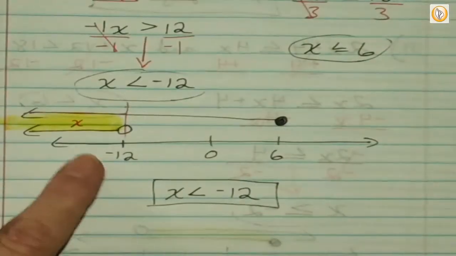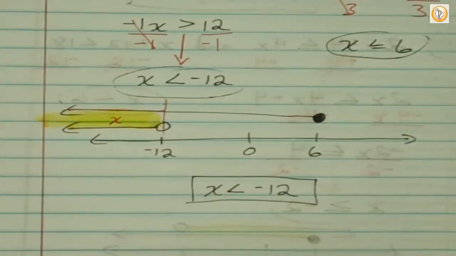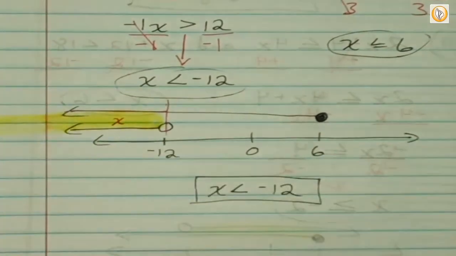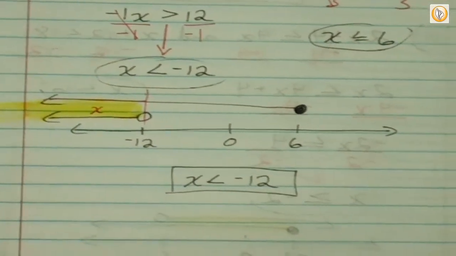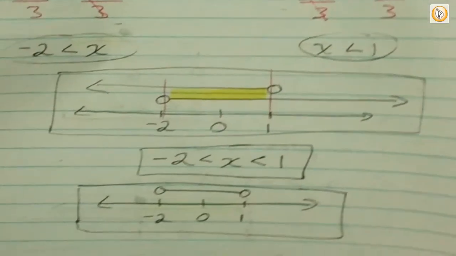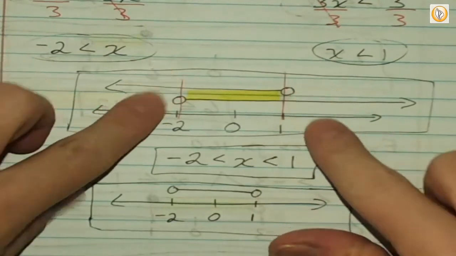Whereas this one, it just keeps going on and on. It never stops. So if it's in between, like this one right here was in between negative 2 and 1.